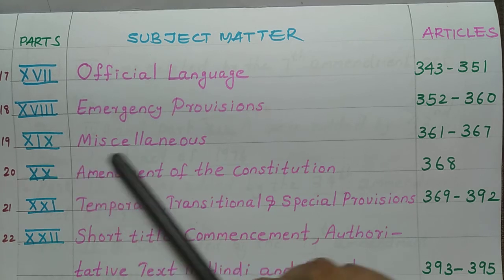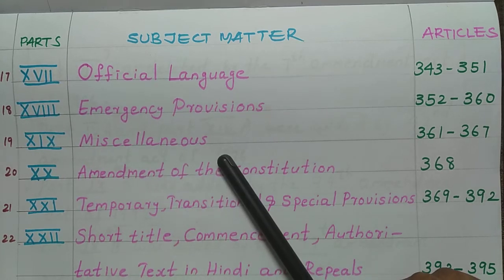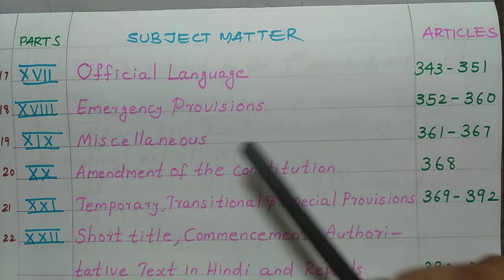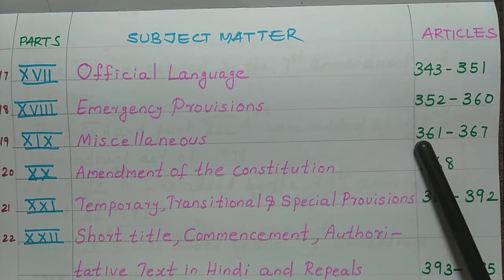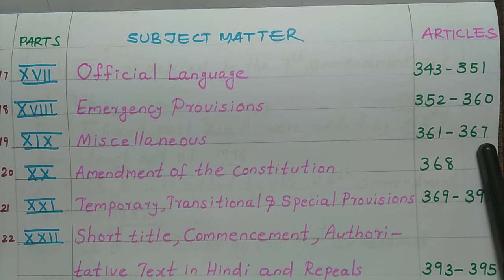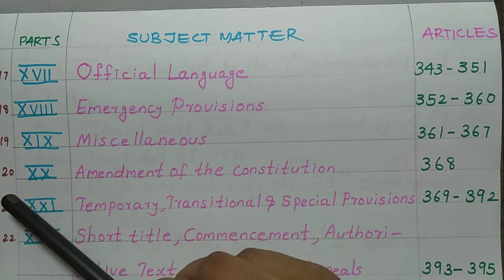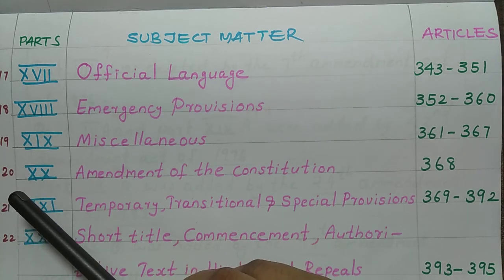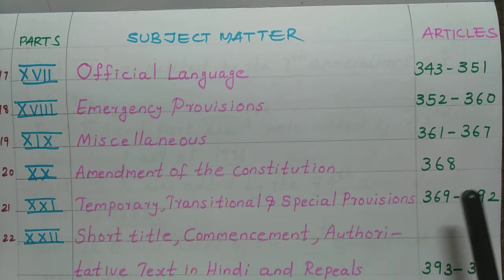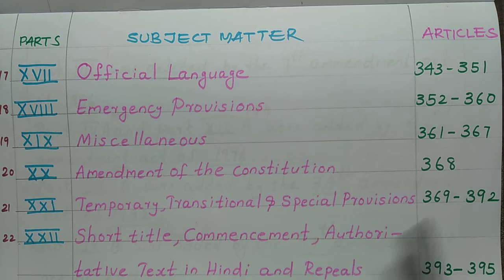Part 19, miscellaneous. Miscellaneous means the other subjects, the other subjects not included in all this list. The articles are 361 to 367. So Part 19 includes the miscellaneous subjects and articles are 361 to 367.